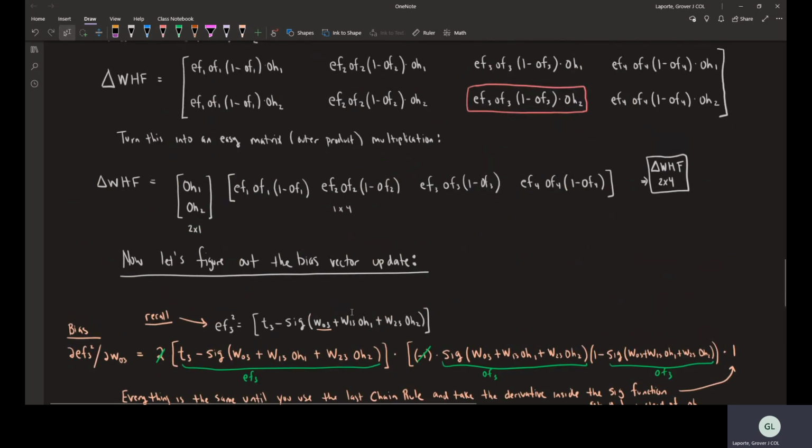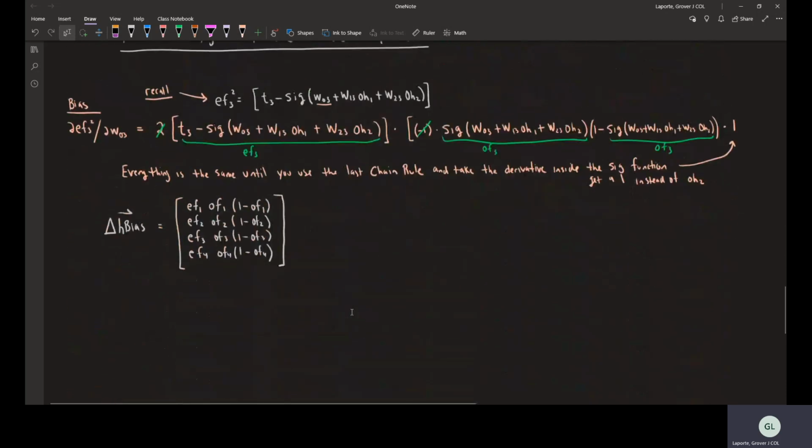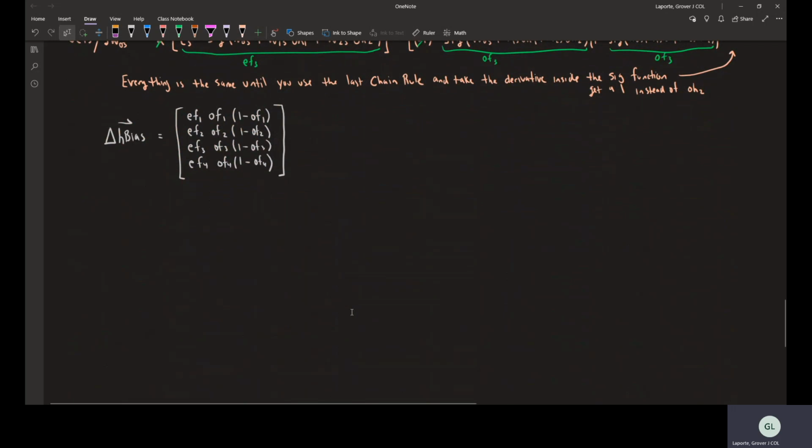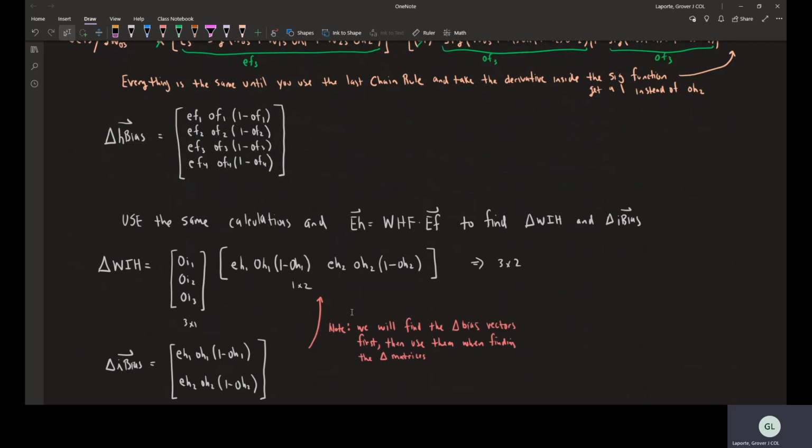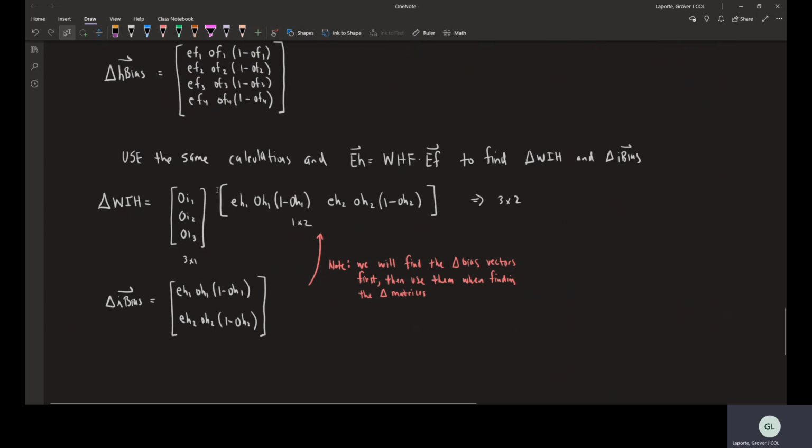And then if you do this for delta WIH, that's the other thing, we could keep this same idea and do it for WIH as well, right? So use the same calculations, except instead of having EF being my final, I have EH. We can find delta WIH and delta I bias. And in that case, instead of having OH here, I have OI, right?